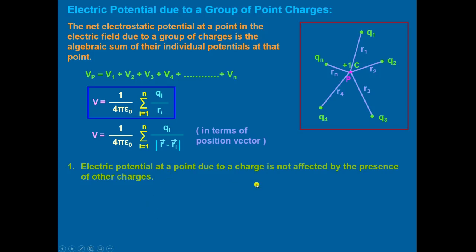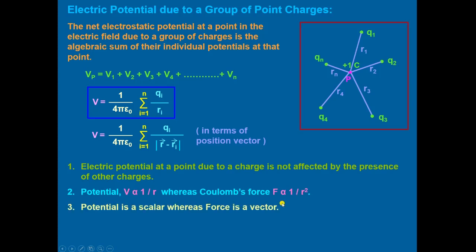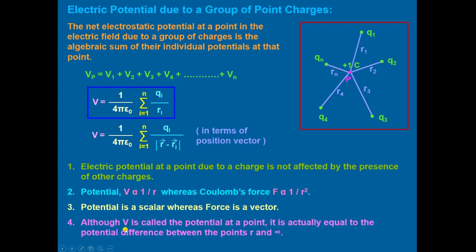Electric potential at a point due to a charge is not affected by the presence of other charges. Potential V is inversely proportional to R, whereas Coulomb's force is inversely proportional to R square. Potential is a scalar quantity, whereas force is a vector quantity.